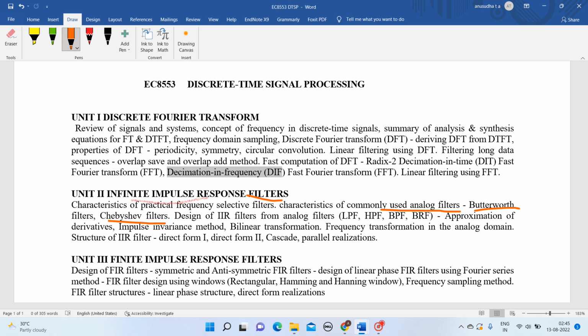From the exam point of view, you have to memorize the equations in DTSP. The equations are very, very important. You will get many equations from each unit. So from the initial stage itself, while studying the first unit, make a note of the equations from each subsection.